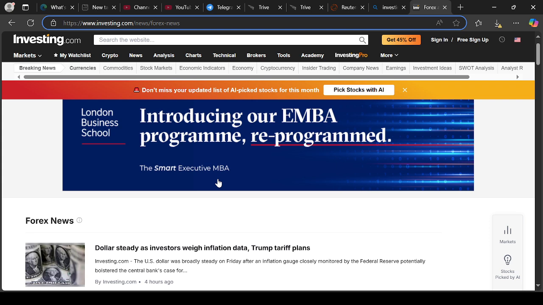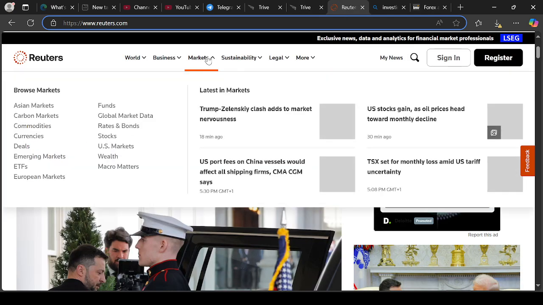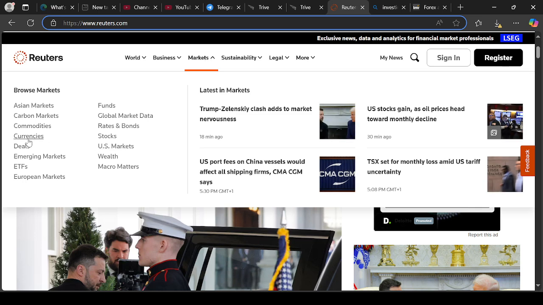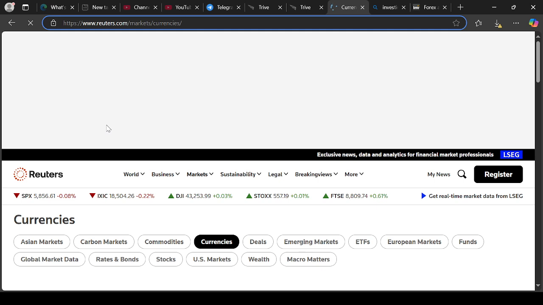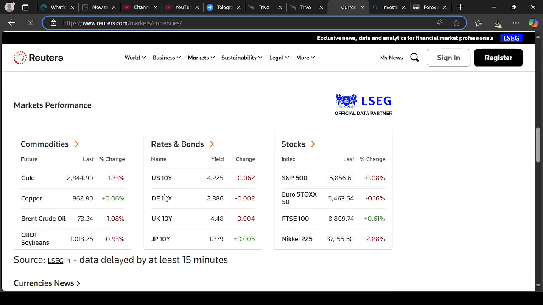Like I said, this is the website here, investing.com and Reuters. Let me go to Reuters and show you how to use it. So you can come to markets, then currencies. If it's stock, you can go to stock. If it's crypto, you can go to crypto. All this here is about currency.